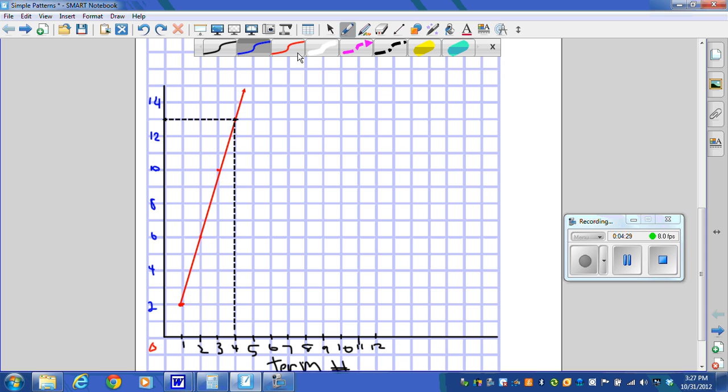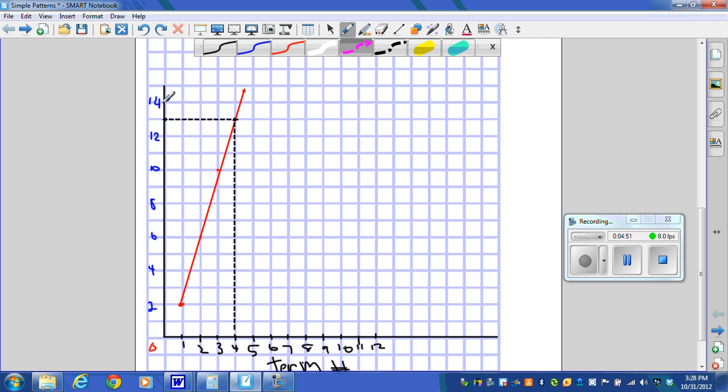Now if I'm given a value, I can ask, what's the term number for a given value?